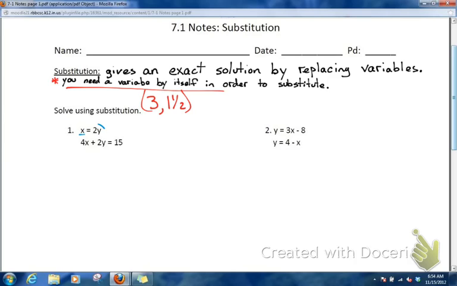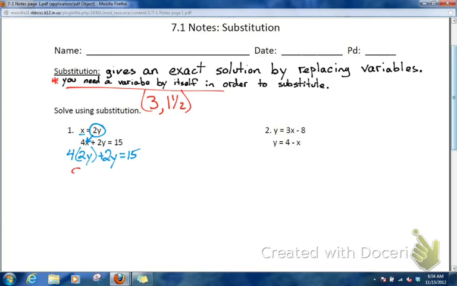So in this case, x equals 2y, and I'm going to plug that 2y in for x in the other equation. Again, because this says x is equal to 2y, I now can replace my x with 2y. So my second equation now reads 4 times 2y plus 2y equals 15.